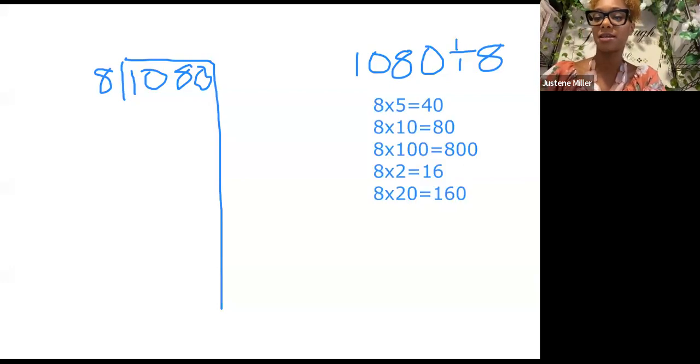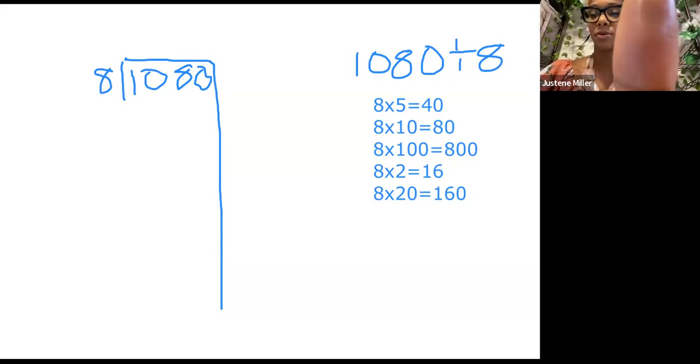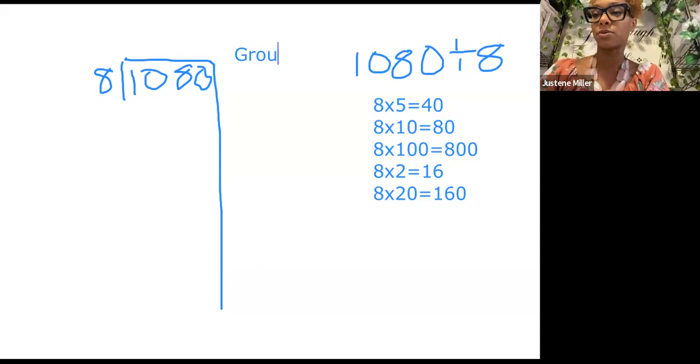All right. Let's start the subtracting. How many groups of 8 do you want to use first? Remember, on the right side is going to be our groups. In this case, we're using groups of 8.